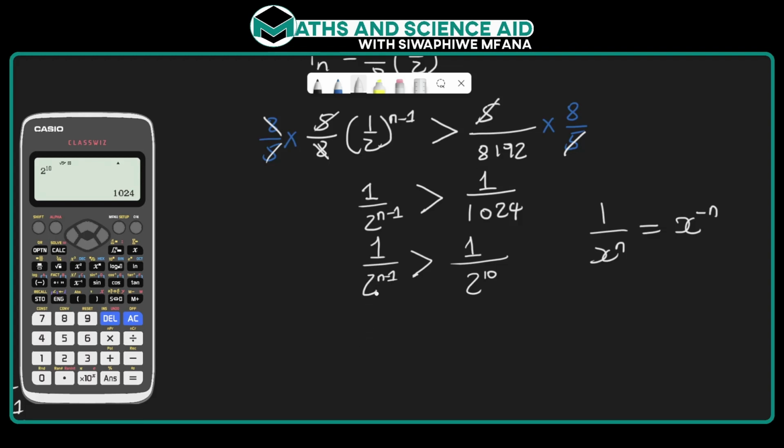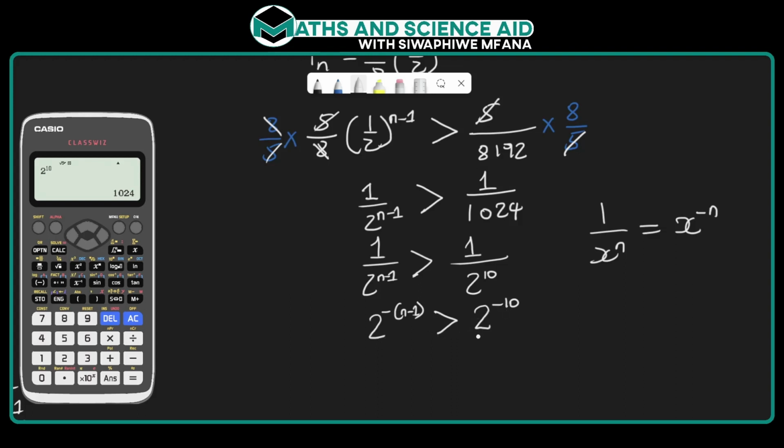So that's what I'm going to apply here. On the left hand side, we are going to have 2 to the power of negative n minus 1. And note how I put all of that in brackets. And then likewise on the right hand side, we'll have 2 to the power of negative 10. Okay?